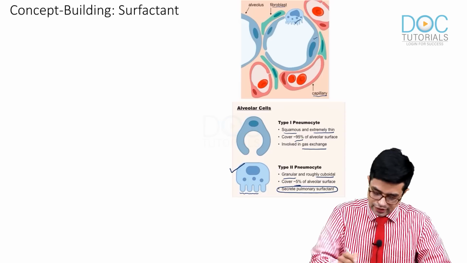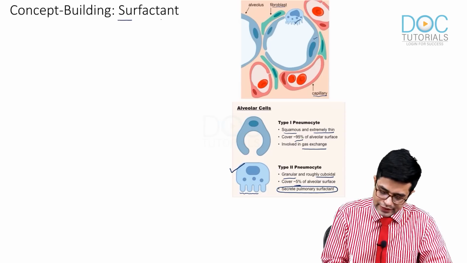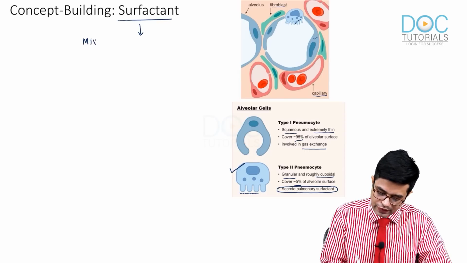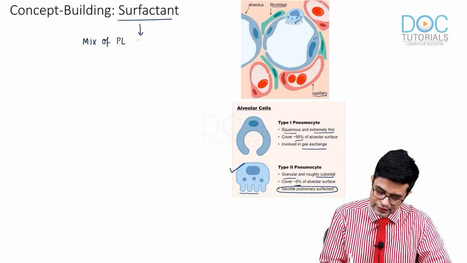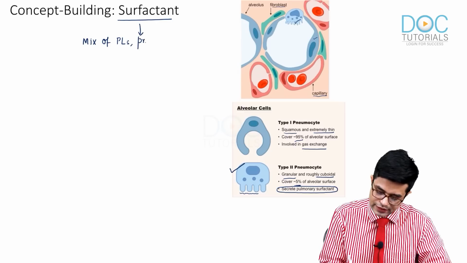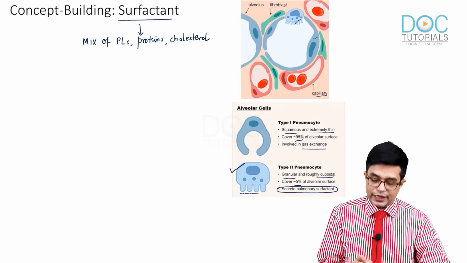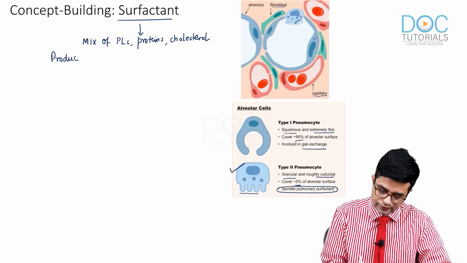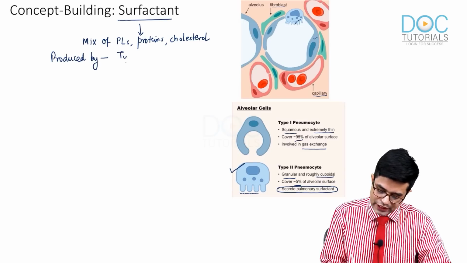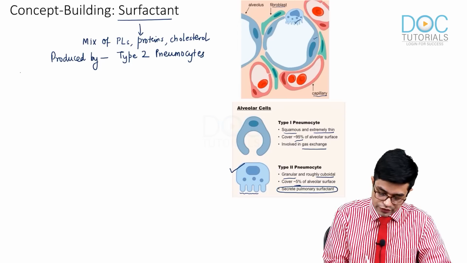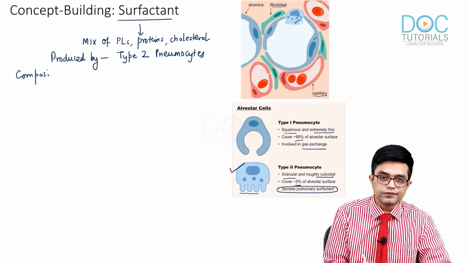So, let us begin. What is surfactant? Surfactant is a mixture of phospholipids, proteins and cholesterol. It is produced by type 2 pneumocytes or type 2 alveolar epithelial cells. What is the composition of surfactant?